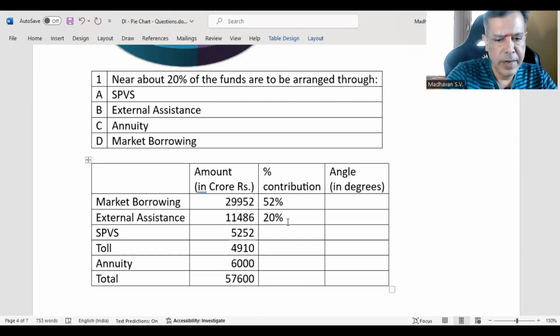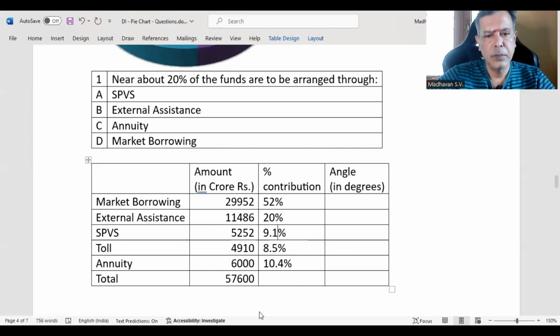That is 9%. 4,910 divided by 57,600. That is 8.5%. 6,000 divided by 57,600. That is 10.4%. So together it will be 100%.